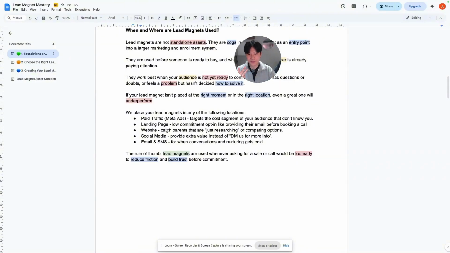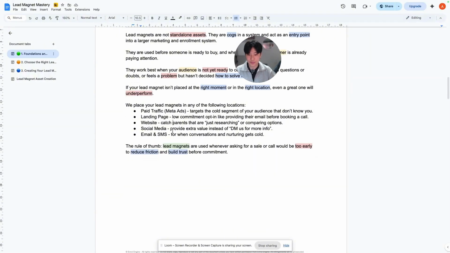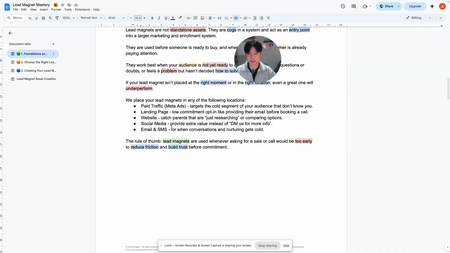Thirdly, on your website, you can catch the parents or the students that are just researching or comparing options with competitors, and it may just push you over the edge as the better option. Fourth is your social media, such as your Instagram, your YouTube, your LinkedIn, etc. It's an opportunity to provide extra value and incentivize them to reach out to you instead of just saying, DM us for more info. And lastly, email and SMS campaigns.